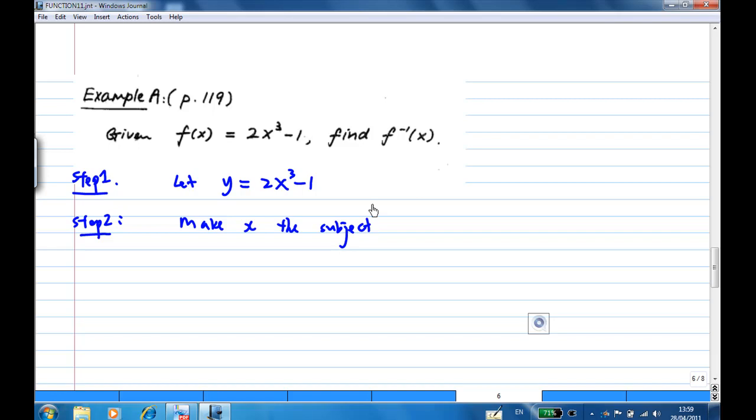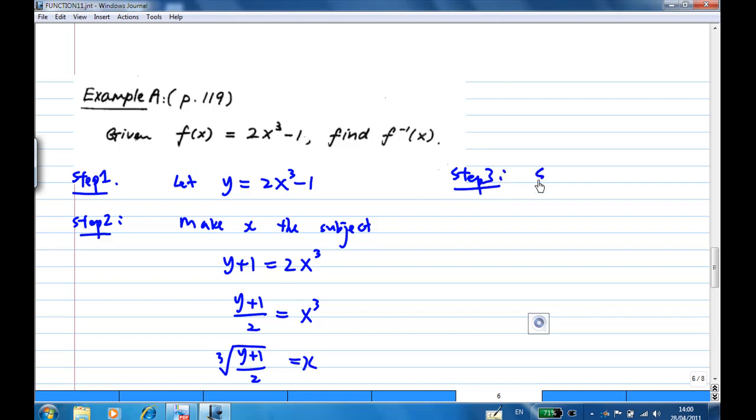so that I get y plus 1 equals 2x cubed, or y plus 1 over 2 equals x cubed. So x equals the cube root of y plus 1 over 2. So I have managed to make x the subject. Since we know that if y equals f of x, then f inverse will send y back to x.